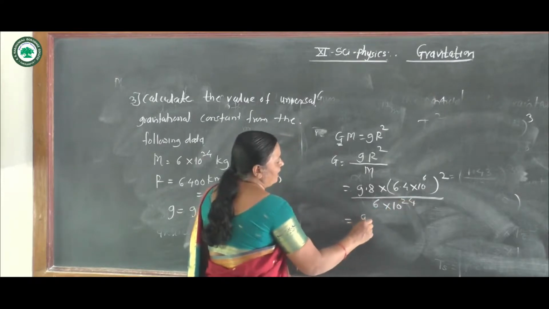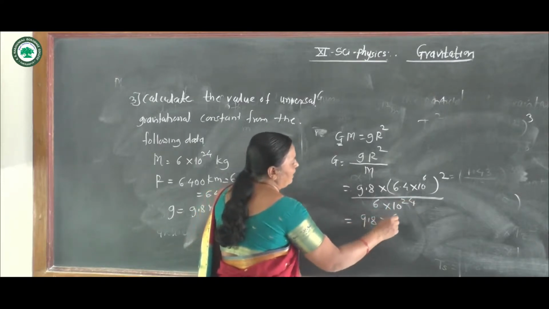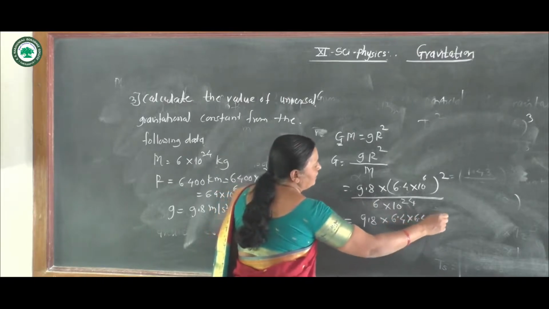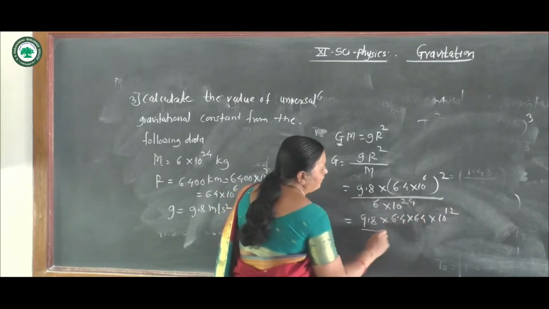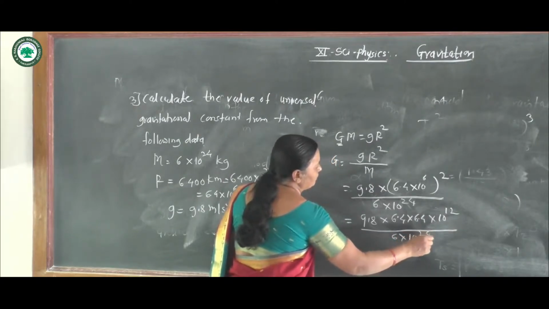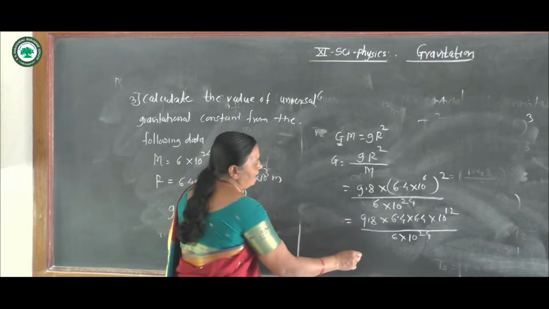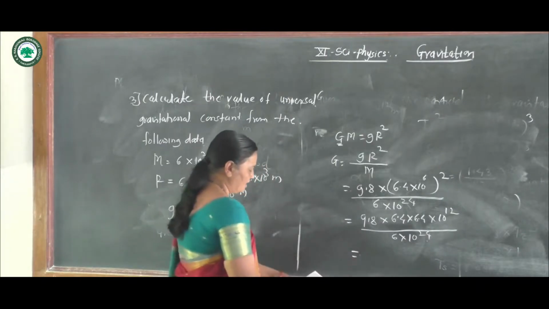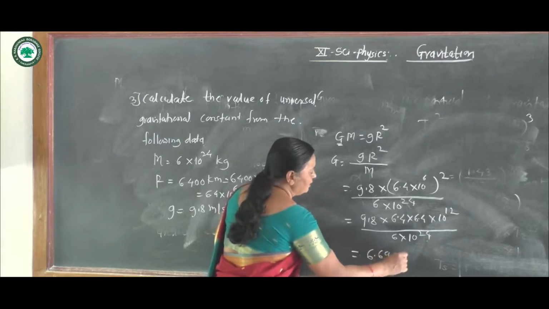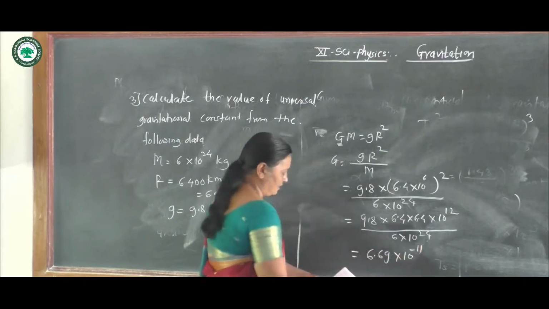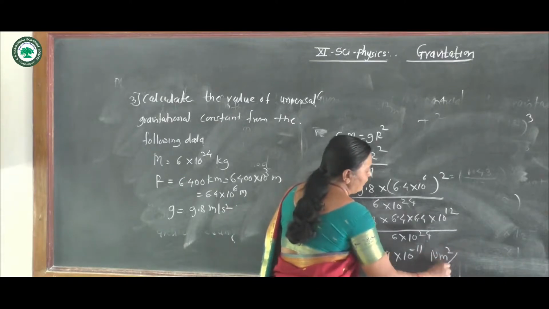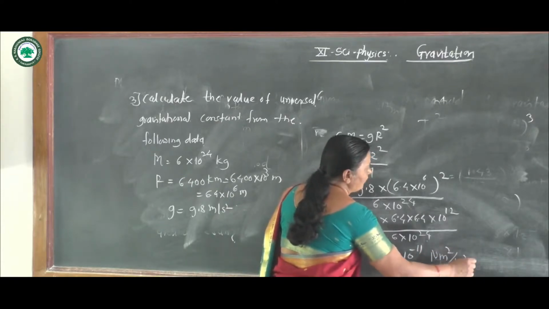Then 9.8 multiplied by 6.4 into 10 raised to 12 divided by 6 into 10 raised to 24. The answer is 6.69 into 10 raised to minus 11 Newton meter square per kg square.